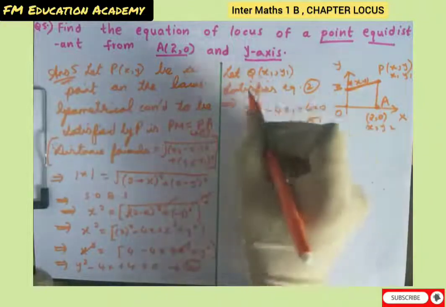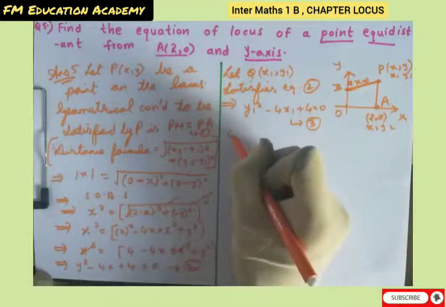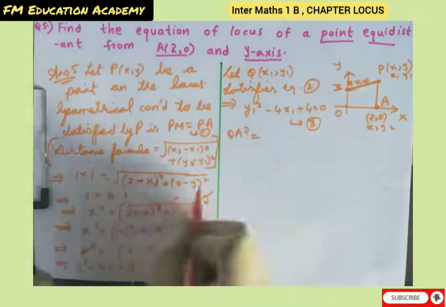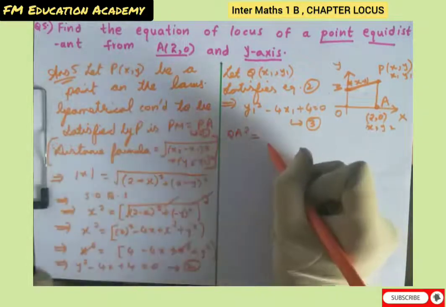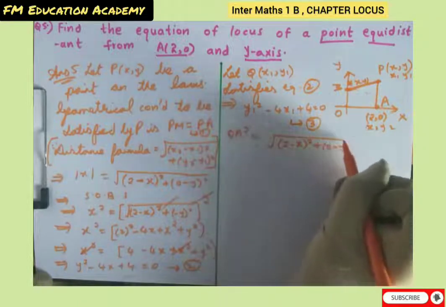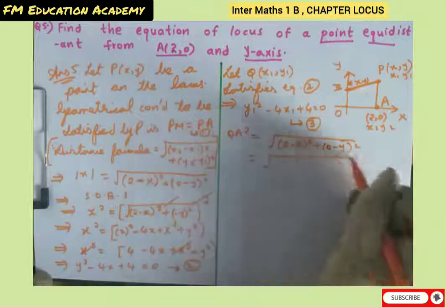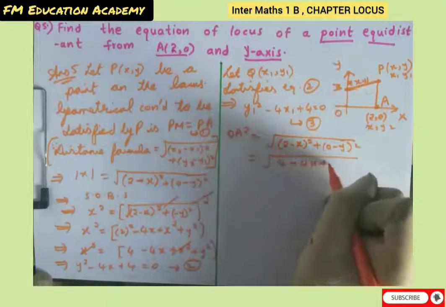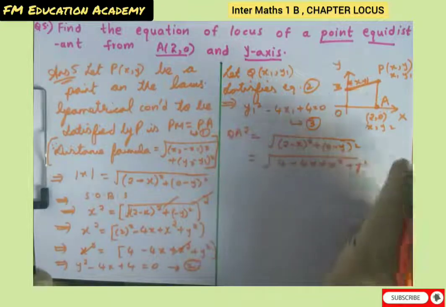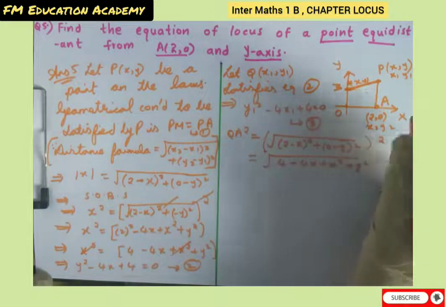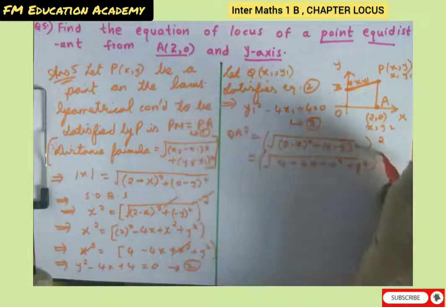PA means, here we have the point Q. So, QA square will be equal to, what is QA square from this? This QA square is nothing but root 2 minus x whole square plus 0 minus y whole square. So, that is nothing but 4 minus 4x plus x square plus y square, and since we are squaring on both sides, the square and root will get cancelled.